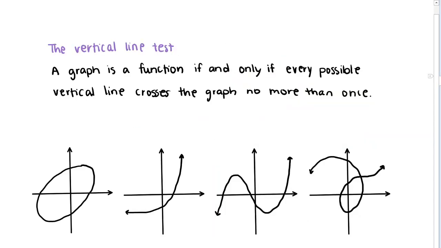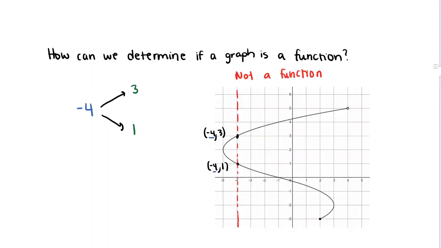So the vertical line test tells us whether or not a graph is a function. Right? So it says that a graph is a function if and only if any vertical line I can draw will cross my graph no more than once. Right, so we saw that in our previous example, we could find a vertical line that crosses our graph more than once, so the graph is not a function.